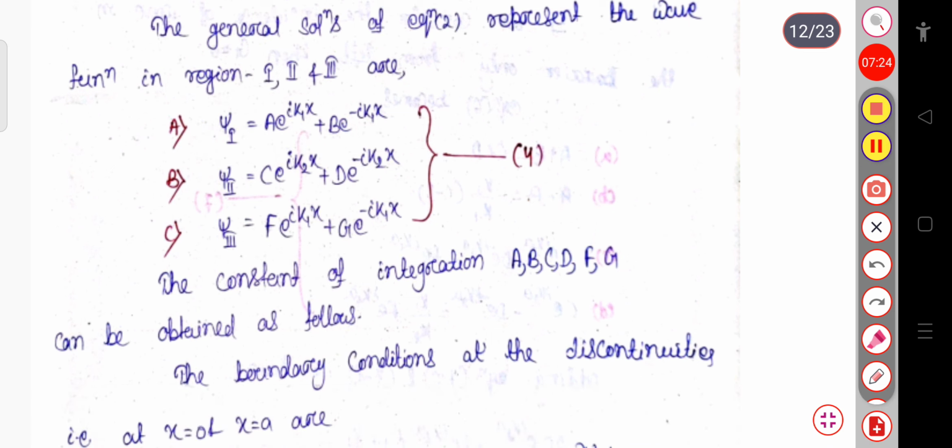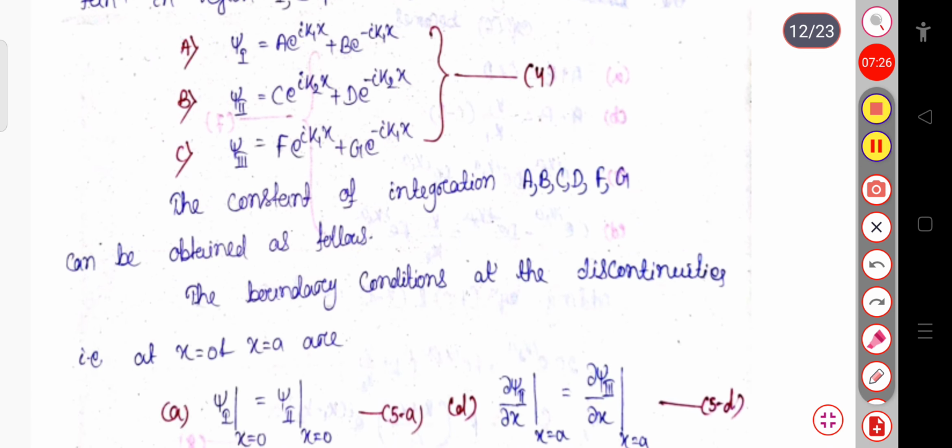So these are your equations. Now the constants A, B, C, D, G, F are your coefficients, which can be obtained by using the boundary conditions.